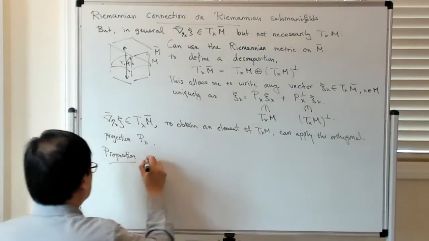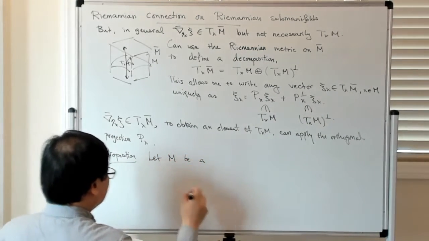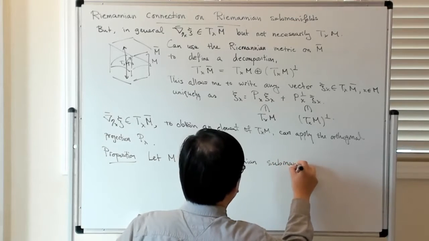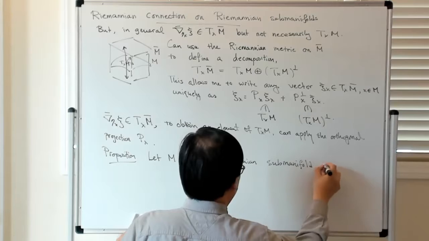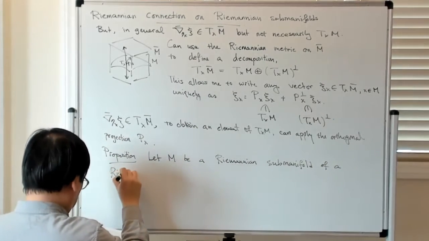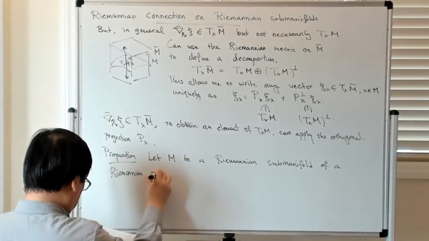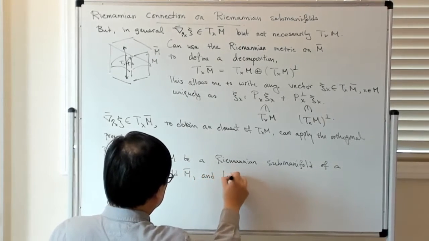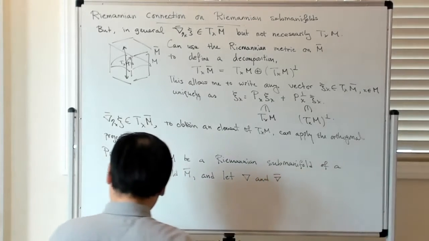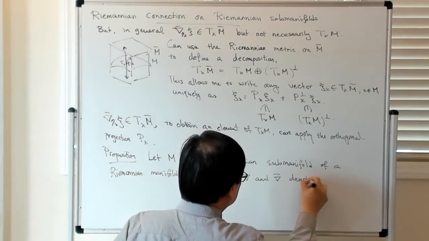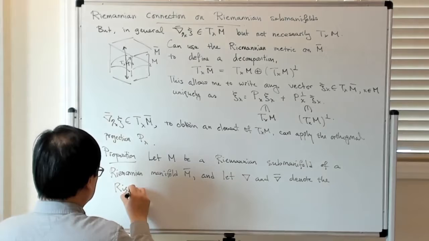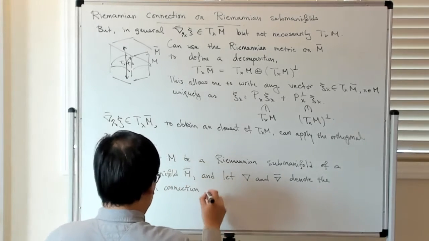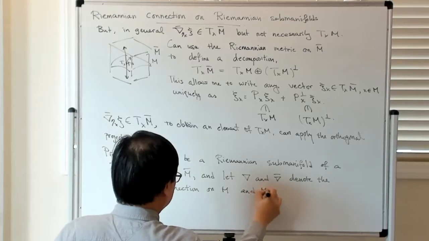You let M be a Riemannian submanifold of a Riemannian manifold M bar, and let nabla and nabla bar denote the Riemannian connection on M and M bar respectively.